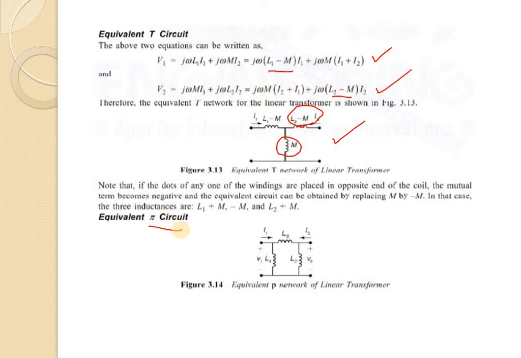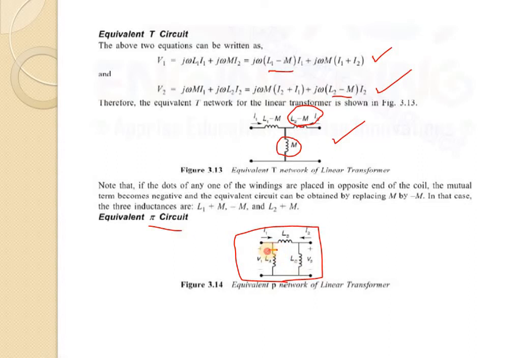We are making the same equivalent transformer circuit in pi form, and we get two parallel combinations where V1 is the input voltage and V2 is the output voltage.